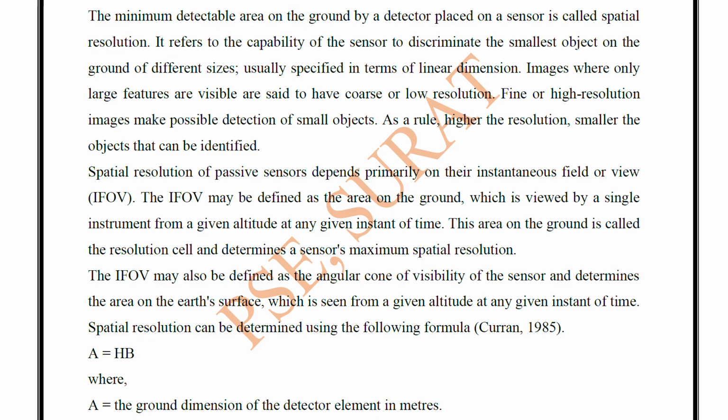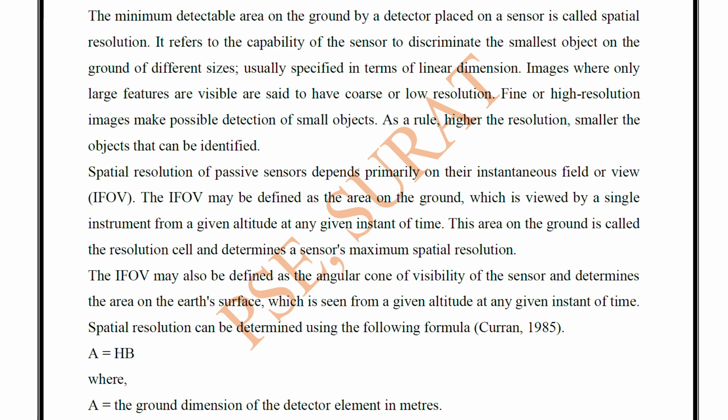This area on the ground is called the resolution cell and determines a sensor's maximum spatial resolution. The IFOV may also be defined as the angular cone of visibility of a sensor and determines the area on the Earth's surface which is seen from a given altitude at any given instance of time.